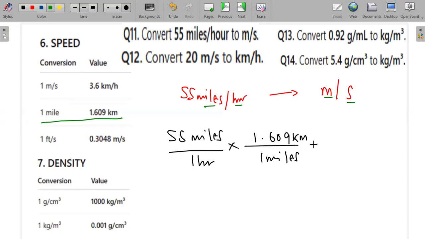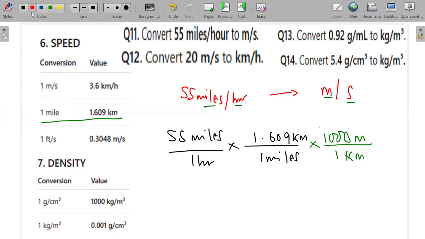Then multiplied by, I want to convert this to meters. So I've converted to kilometers, and now I convert the kilometers to the what? To the meter. I know that 1 kilometer is the same as 1,000 what? Meters.